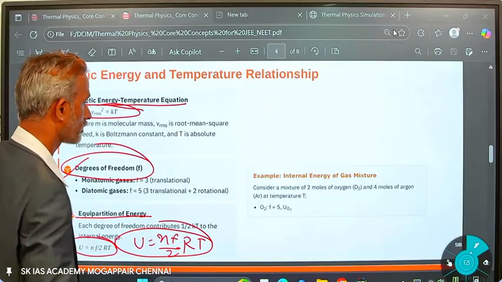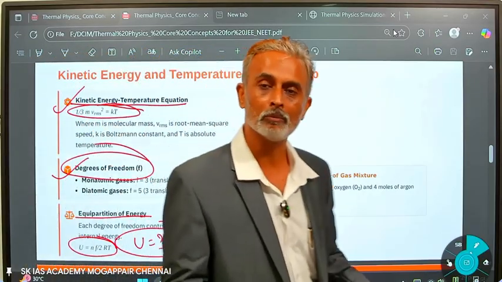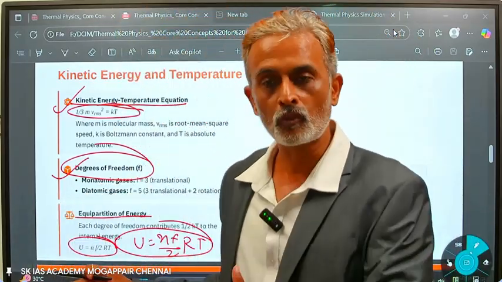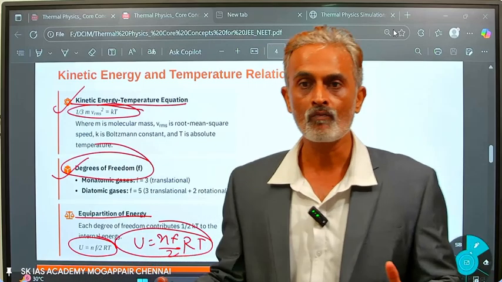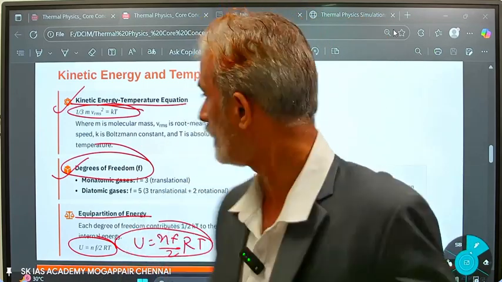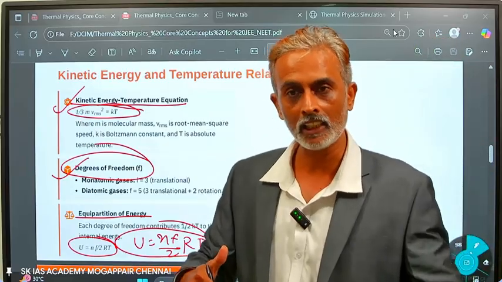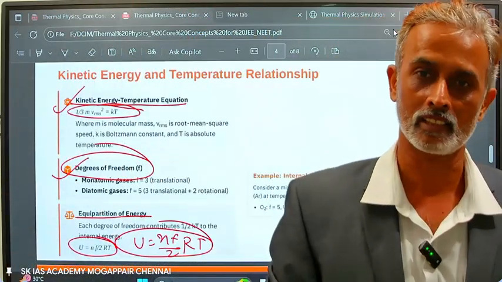Okay. So these three equations you have to know, no derivation, three equations, and these three equations depend on the relationship between the kinetic energy and temperature. I have also explained how the kinetic energy depends on the rise or decrease in temperature.